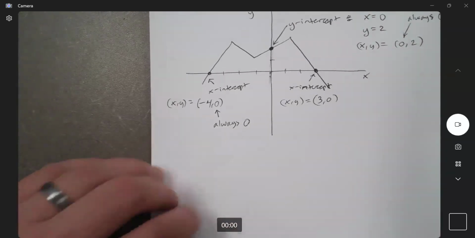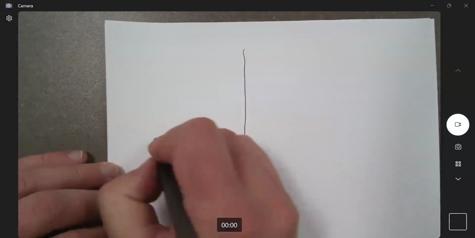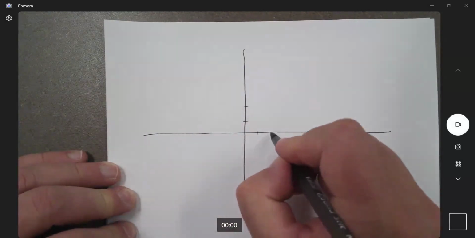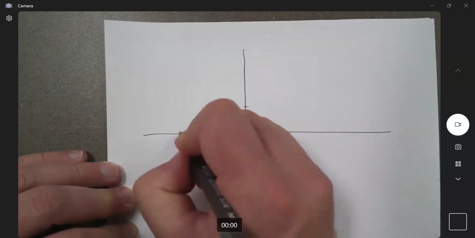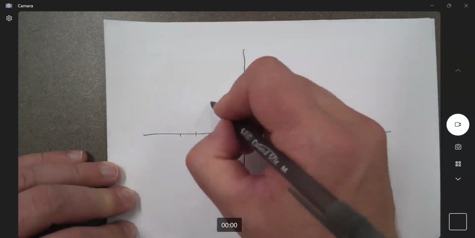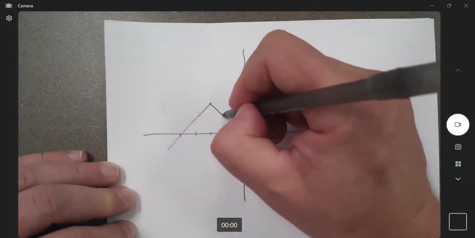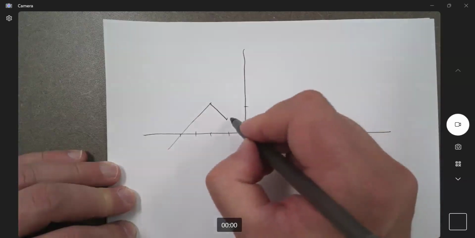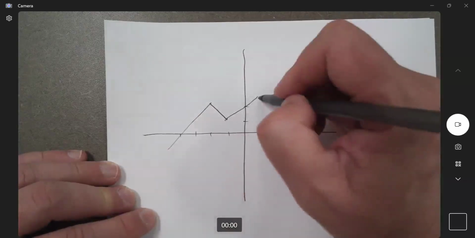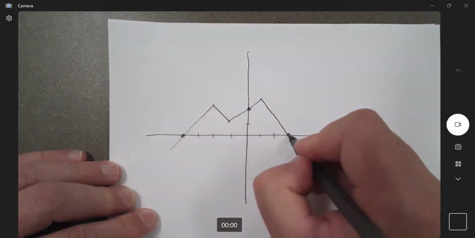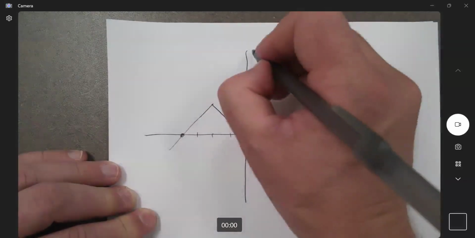Okay. Let me redraw the same graph. There's our 2 x-intercepts and our 1 y-intercept.